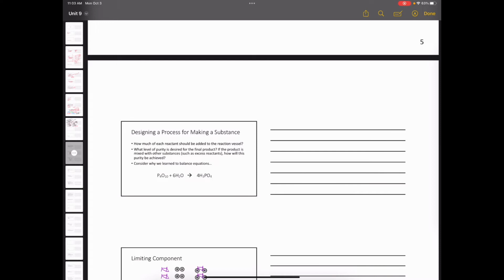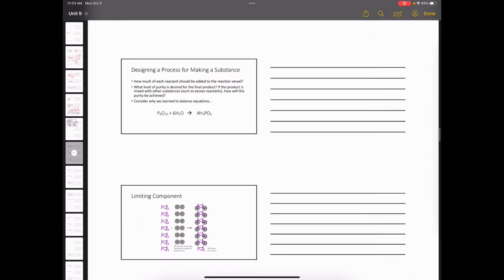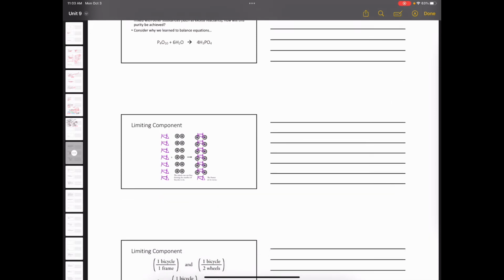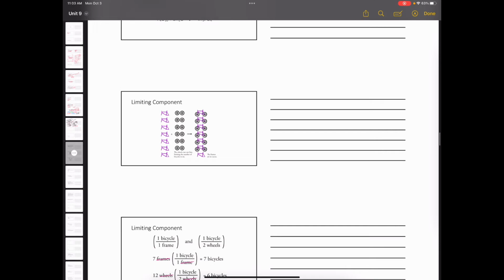Okay, so figuring out exactly how much you will need of every reactant is very critical to any chemical process. So you don't have the reaction finish halfway through, incomplete, due to the lack of one of the reactants in your chemical reaction.